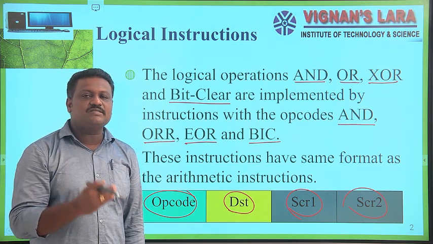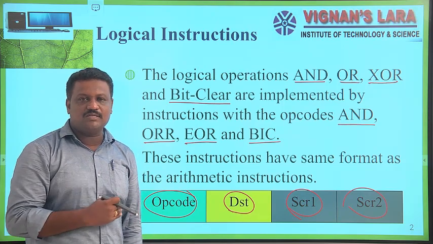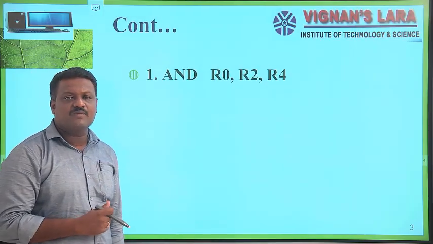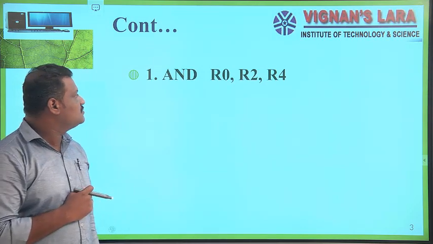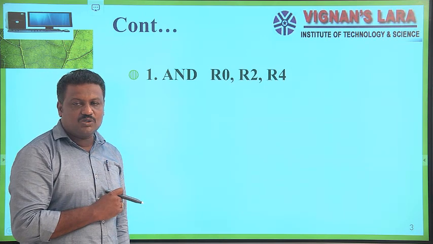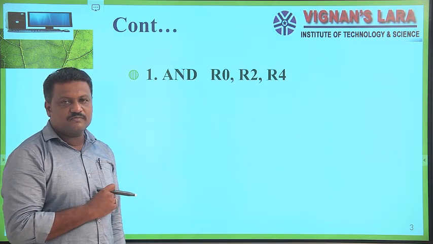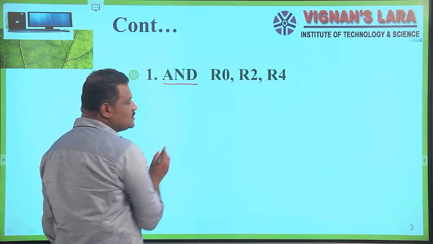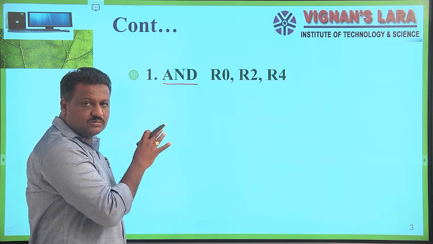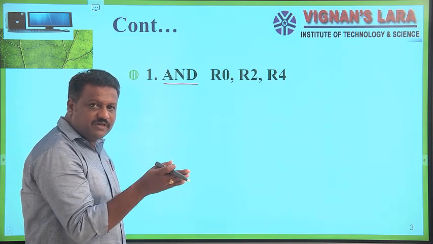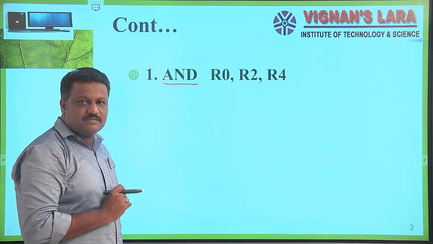Now we will discuss the different logical instructions one by one in sequence. The first instruction is AND R0, R2, R4. In this, AND represents the operation code. This AND indicates do logical AND between the source operands.